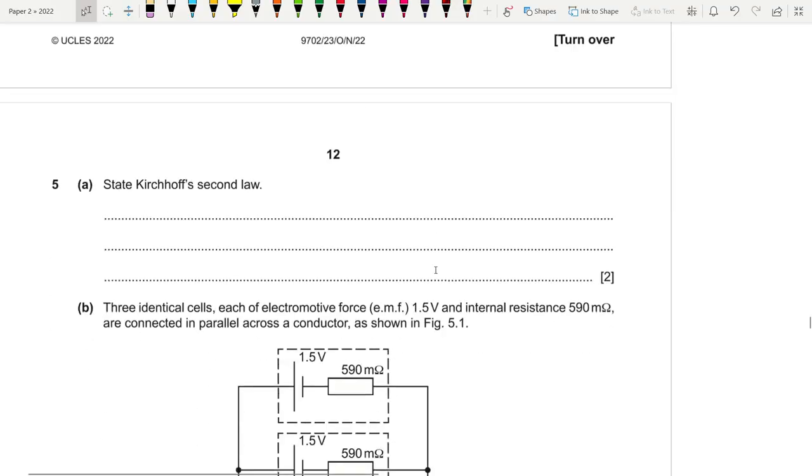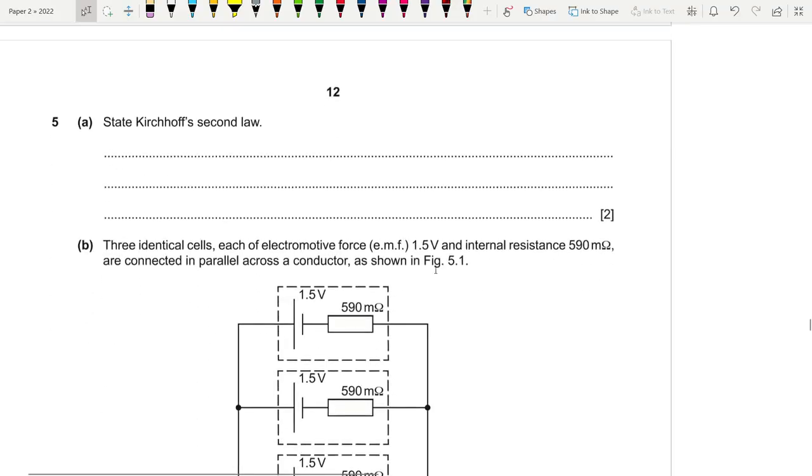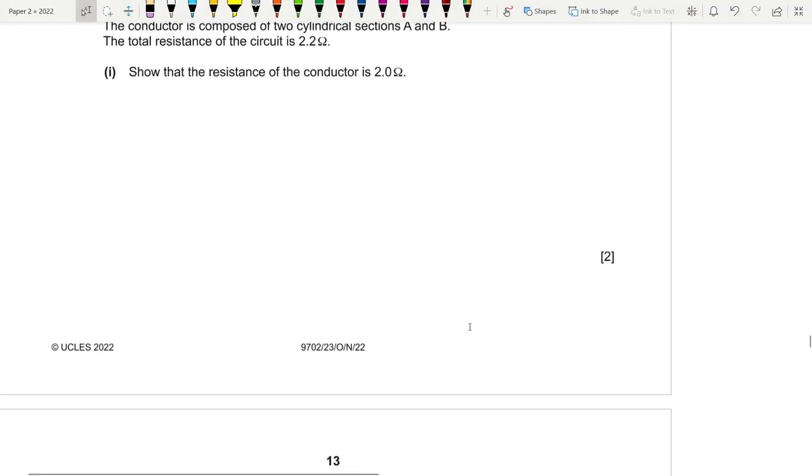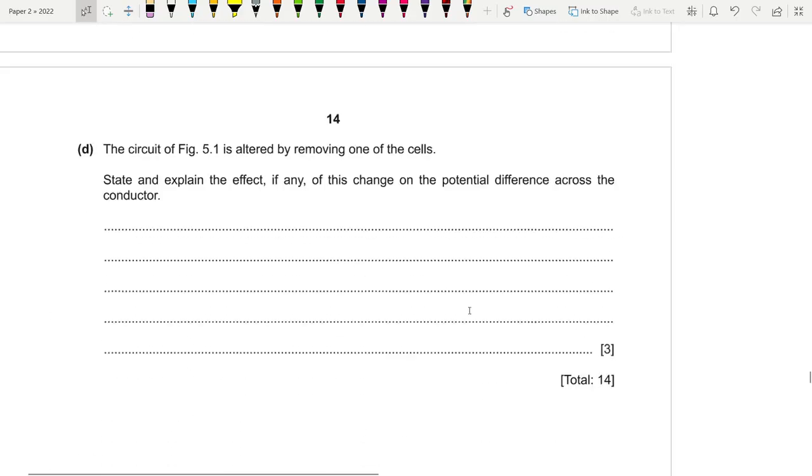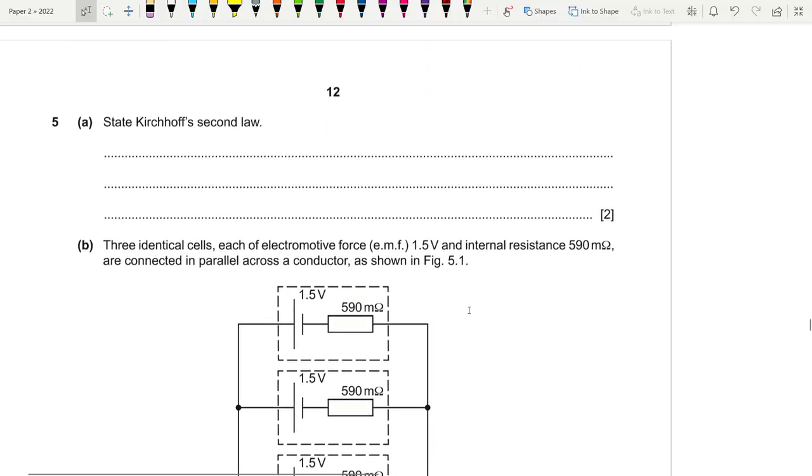Moving on, we have 2 questions left, question 5 and question 6. Let's wrap this up. State Kirchhoff's second law. So Kirchhoff's second law states that the sum of EMFs is equal to the sum of potential differences, or you could say the algebraic sum of EMF and PD is 0.